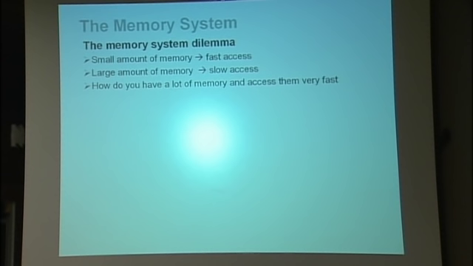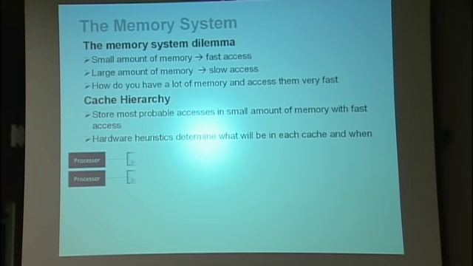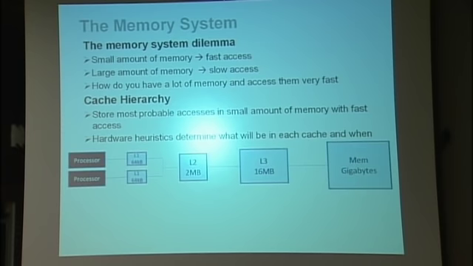So hardware does a lot of crazy things to give you the illusion that you have very fast memory and a huge amount of it. Of course that's not true, because you have these caches, and if you do things wrong, things get slowed down. In the cache system, you have a cache hierarchy like this. Each core goes to its own L1 cache, that goes to the L2 cache, which goes to the L3 cache, which goes to the main memory system.